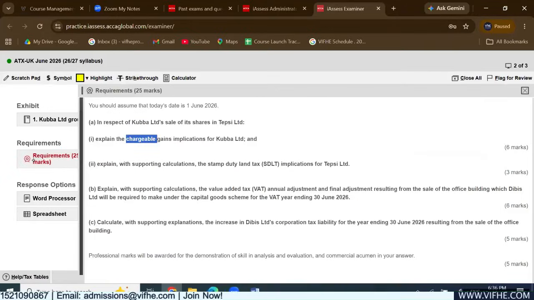Then quickly having a look at the second requirement of this question. Here we explain, with supporting calculations, the stamp duty land tax implications for Tepsi Limited. This part of the question is carrying 3 marks.